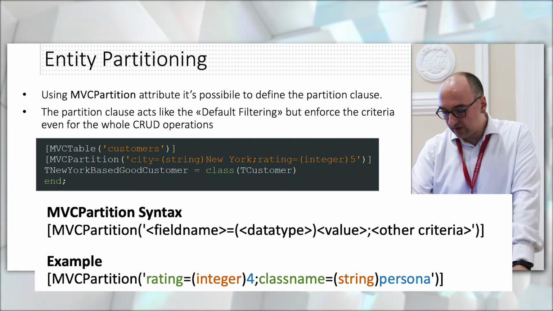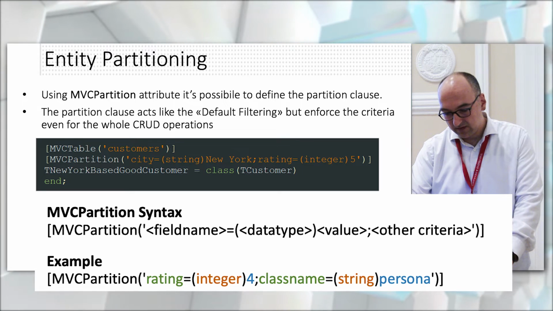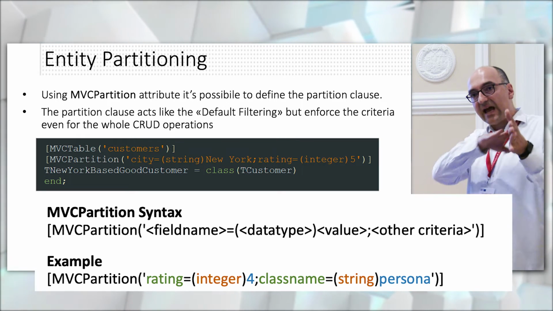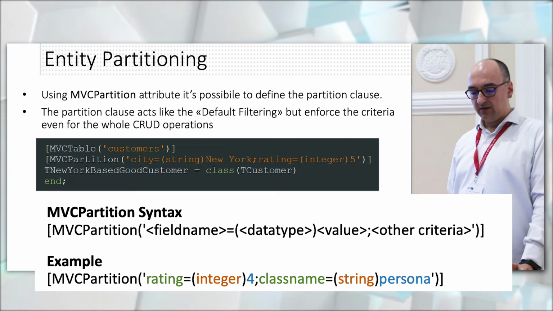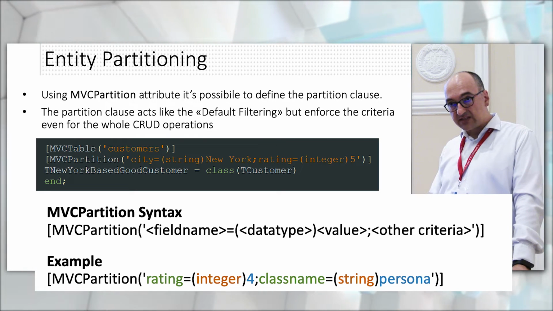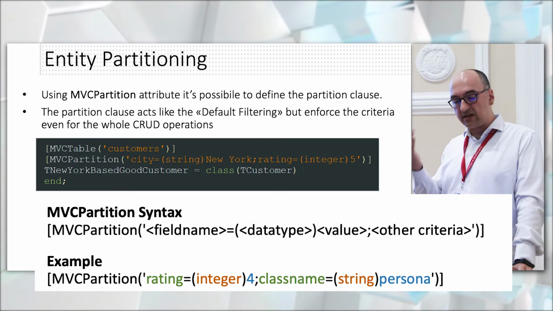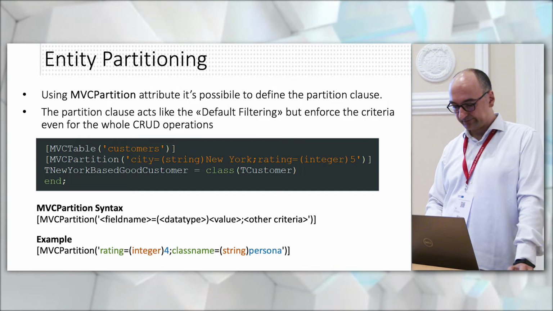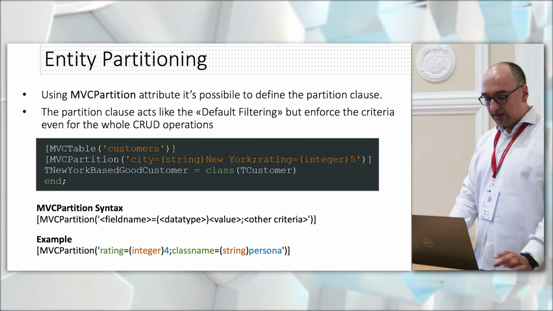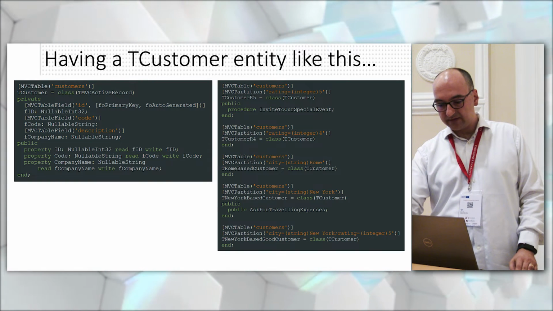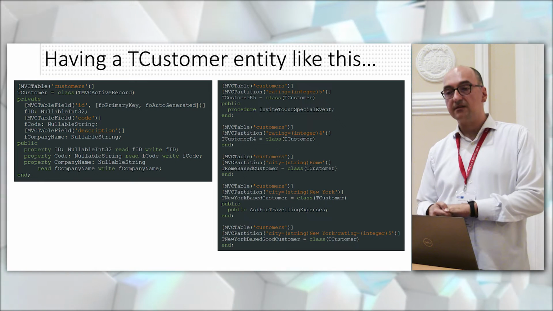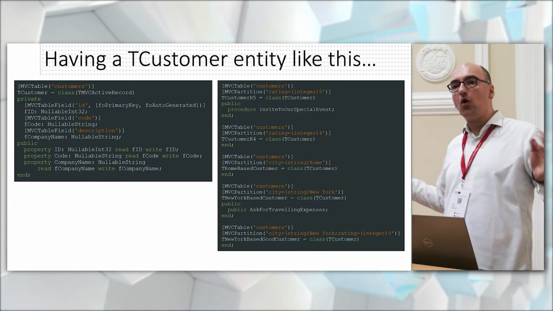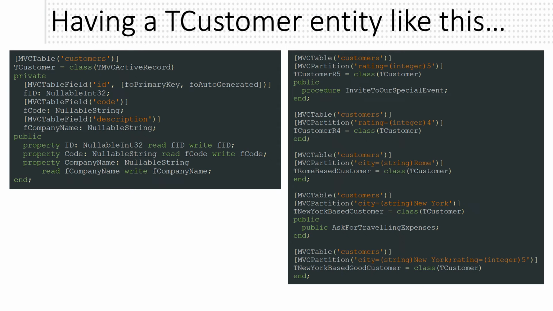So you can write something like this. In this case, I sliced my table for New York-based good customers, which means city as a string must be New York, and rating as an integer must be 5. So you can have something like this for the entities, and these are all completely new entities, but mapped on the same table.